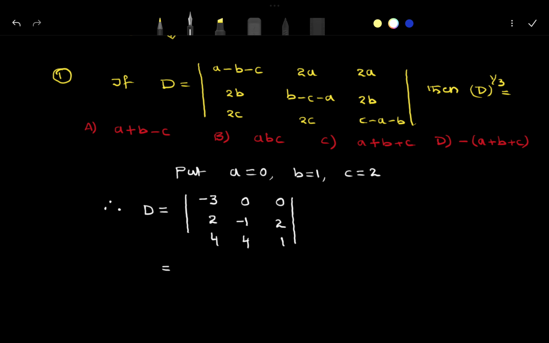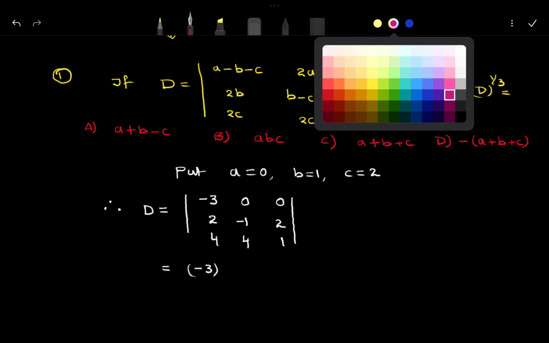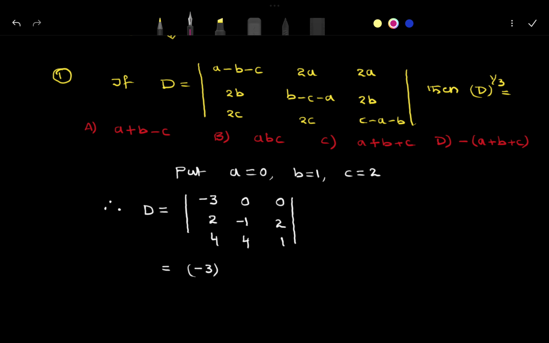Now you expand this determinant, you will get minus 3 into. Now how to expand the determinant of a 3 by 3 order matrix? Here you eliminate, minus 3 into, you remove the first row and first column. Now you get the determinant of the 2 by 2 order submatrix.